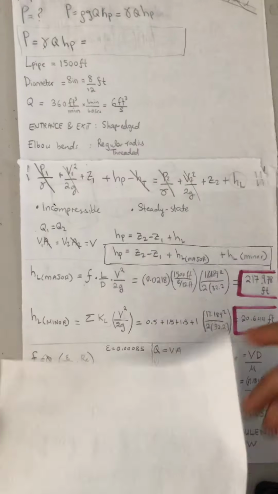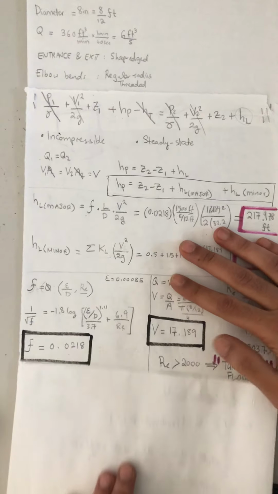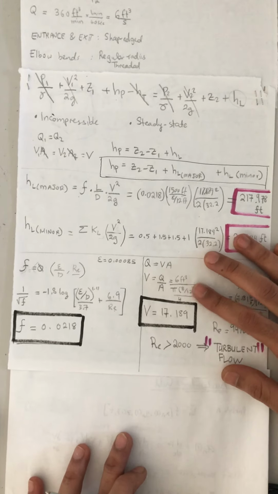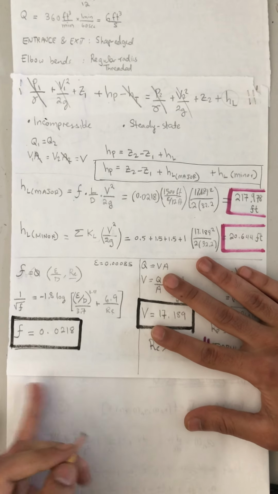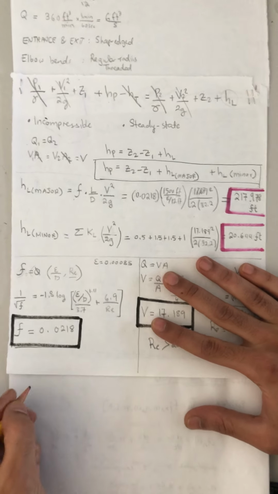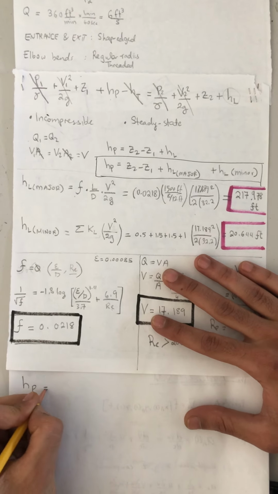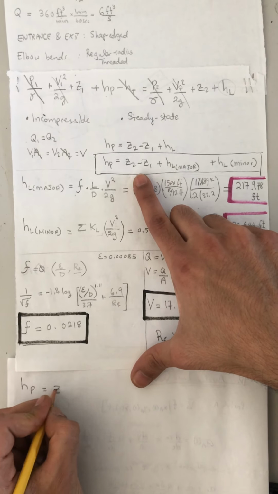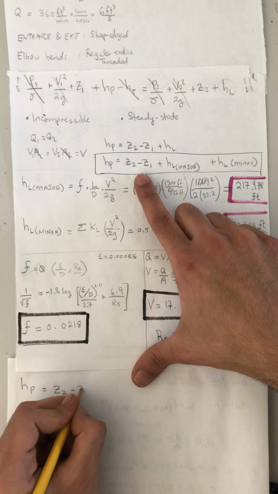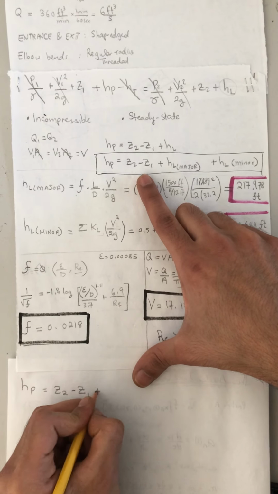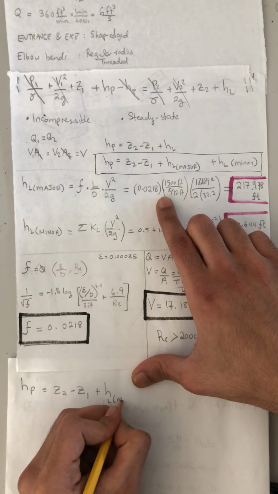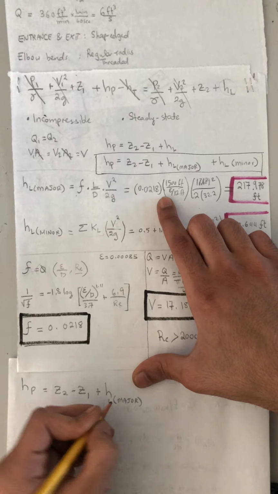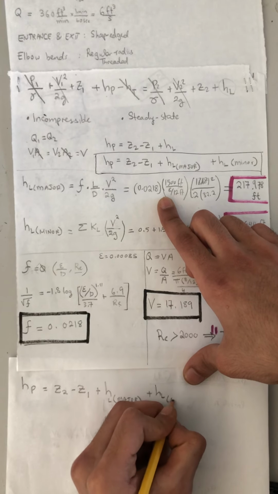And I'm out of space. So our head gain is equal to our height 2 minus our height 1 plus our head loss, that's major, plus our head loss, that's minor.